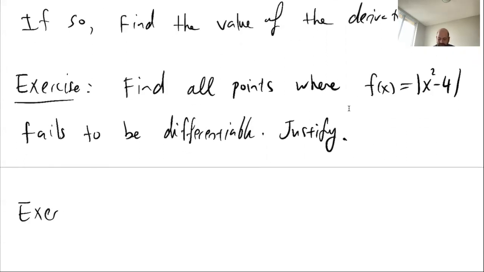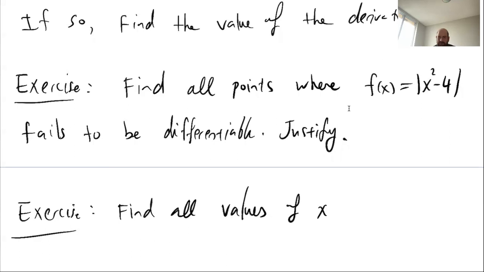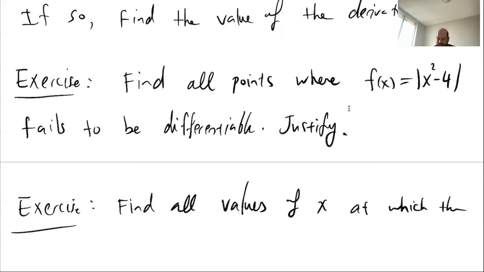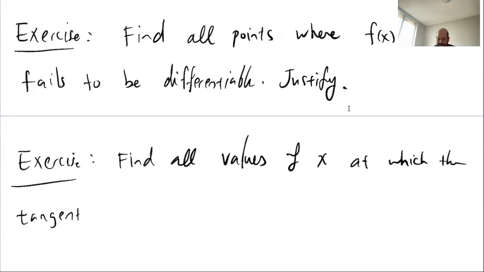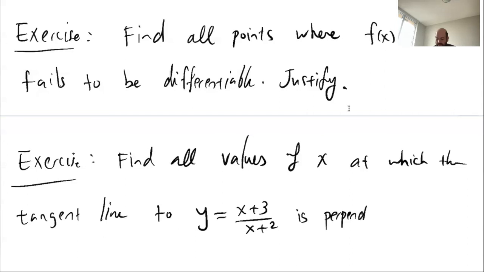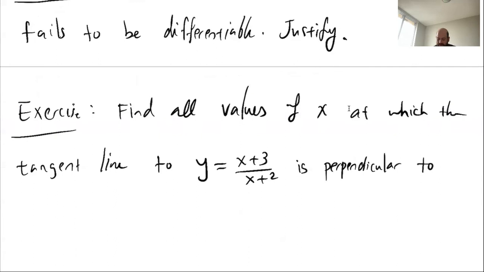Next exercise. Find all values of x at which the tangent line to y equals x plus 3 divided by x plus 2 is perpendicular to the line y equals x.